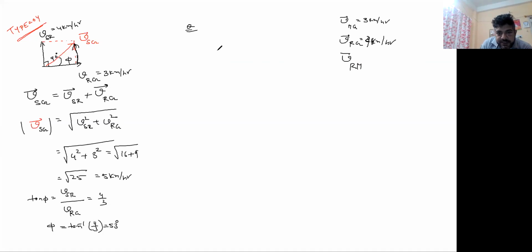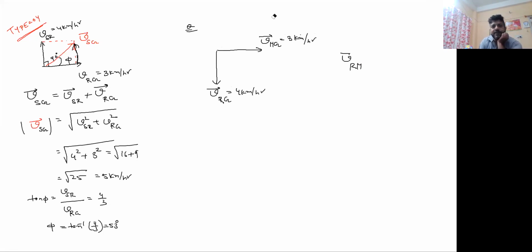If we want to draw this, this is my velocity of the man with respect to the ground. This is my velocity of the rain with respect to ground, 4 km per hour, and this is 3 km per hour. Everyone, is it clear?